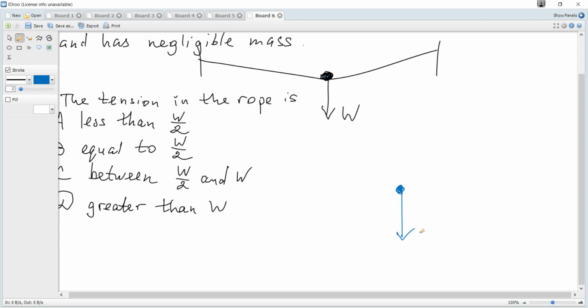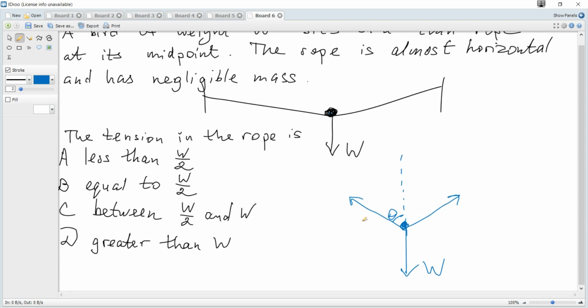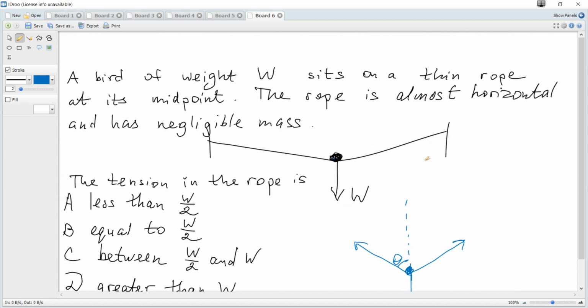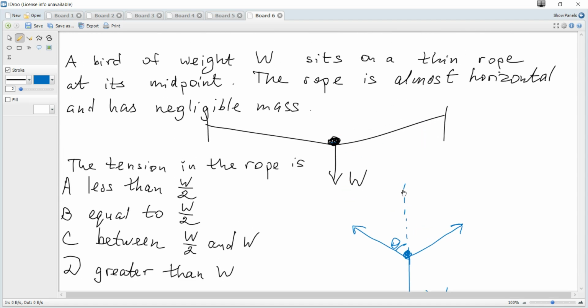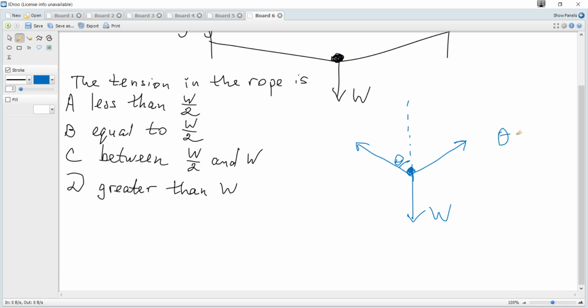So weight and tension in this direction, tension in this direction, and definitely it must be symmetrical, and let this angle be theta. And since this rope is almost horizontal, it means that theta is near or tends to 90 degrees.